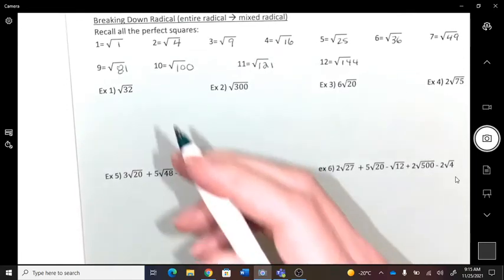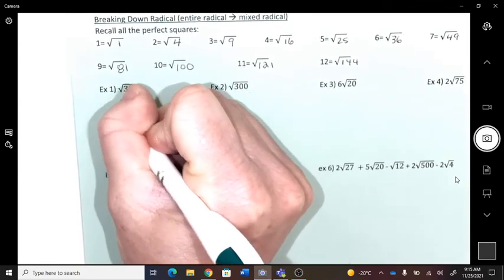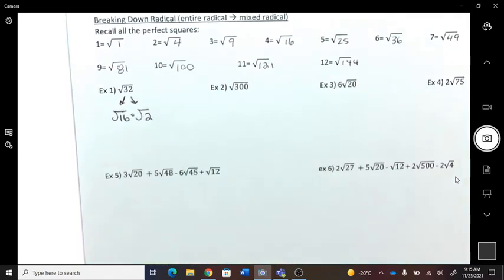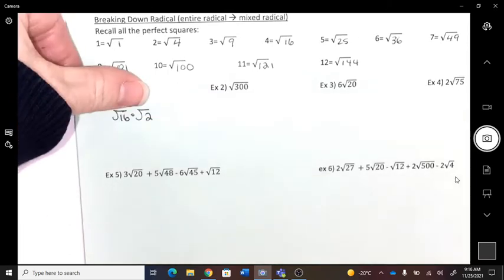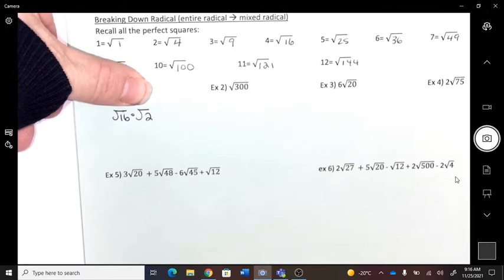Yes. Okay, so root 32 is the same as root 16 times root 2, because if I started like that, you would multiply those together to get root 32.